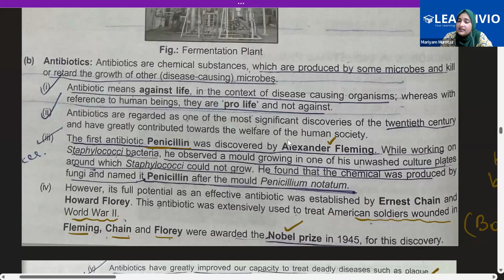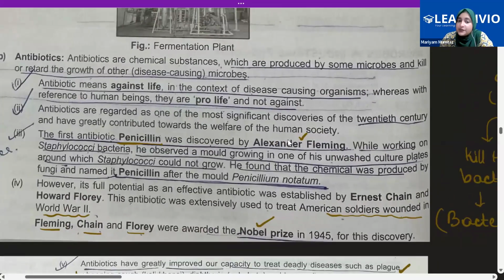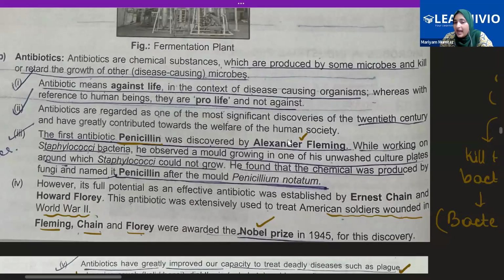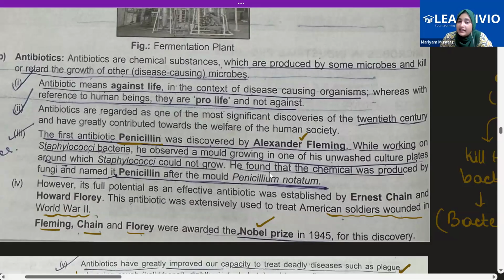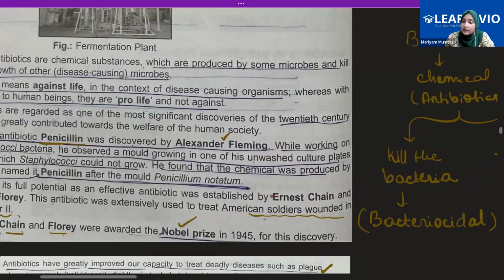So he found that the chemical produced by the fungus was penicillin, and the name of the fungus was Penicillium notatum. So this was the discovery. It was a chance discovery that Alexander Fleming made. Its full potential as an effective antibiotic was established by Ernst Chain and Howard Florey.